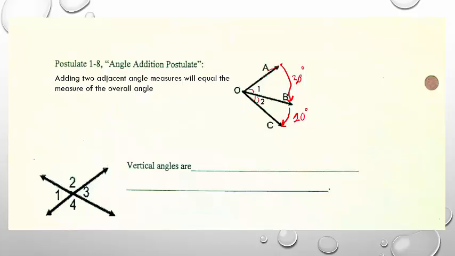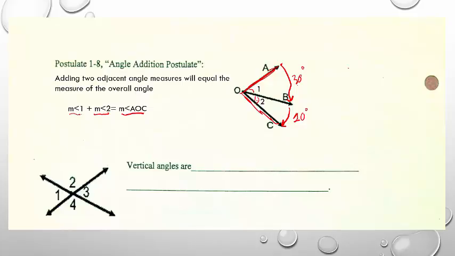Then if I just decided I'm going to turn from A to C initially, it would be 30 plus 10 and make 40. So we can say that the measure of angle 1 plus the measure of angle 2 equals the measure of angle AOC. Again, it's like piece plus piece equals whole distance.